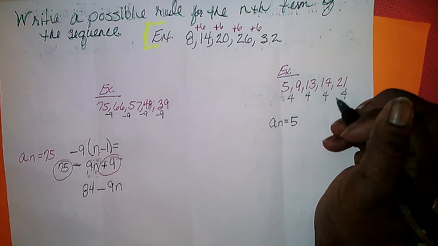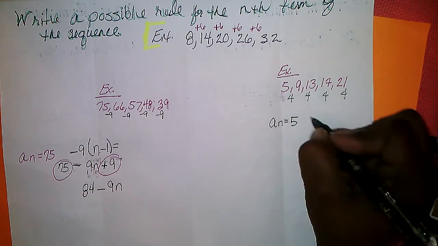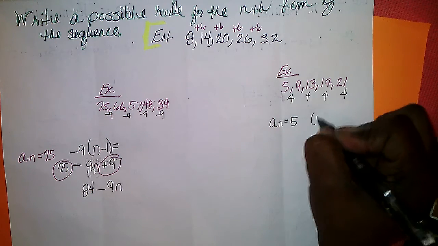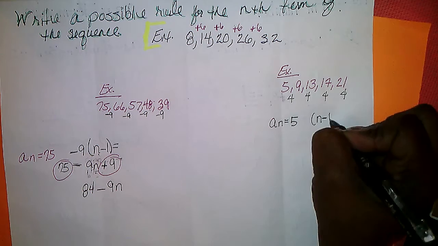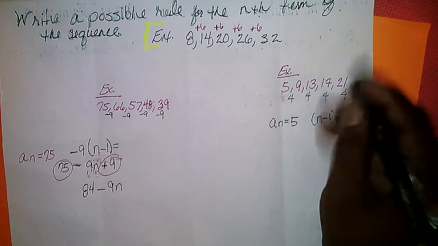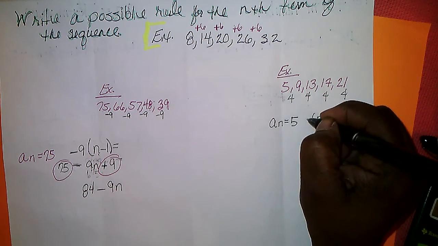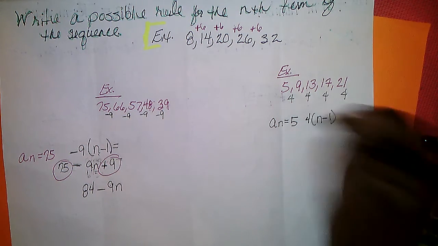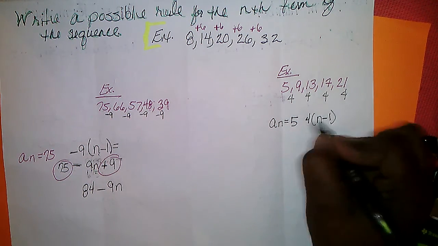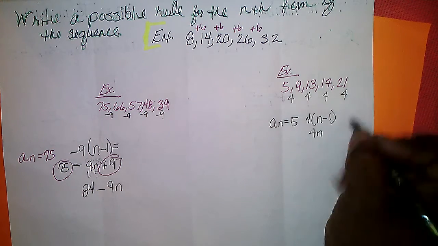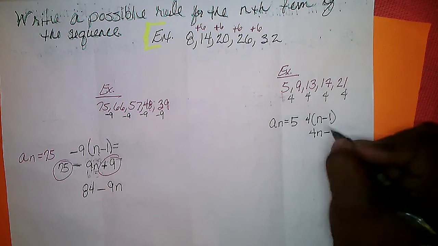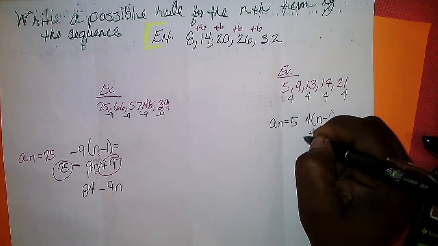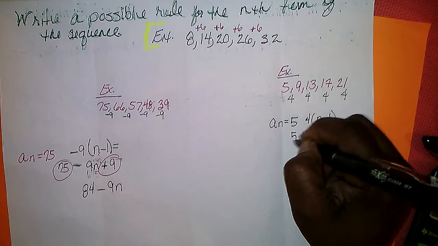Then we know our rule is n minus 1, and we had a 4 preceding that, so that would make this 4n minus 4. Then we bring down our 5 because we started with a 5.